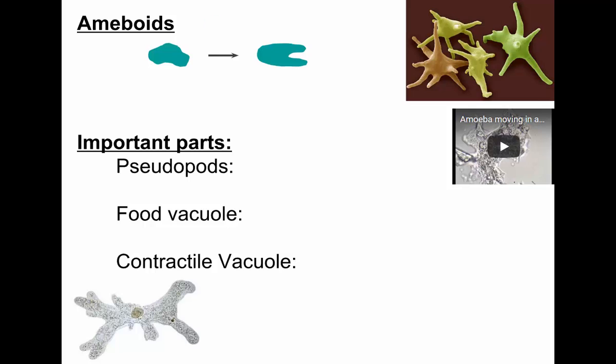So the ameboids move using those pseudopods, and what they do is they kind of ooze forward. They send these extensions of their cytoplasm out and then kind of just lob around. That's how they get from place to place. They just ooze forward. So when you look at these pictures of amoeba, you could see these long extensions. Those are the pseudopods.